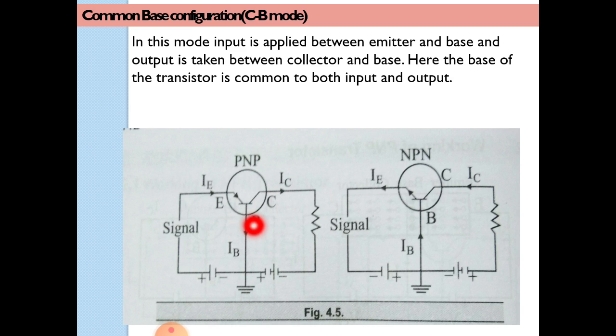It doesn't process or get involved in the storage of input current. It doesn't store the input current, it just accepts, collects, and transfers it to the output circuit. So this is the role of the base terminal in the common base configuration.